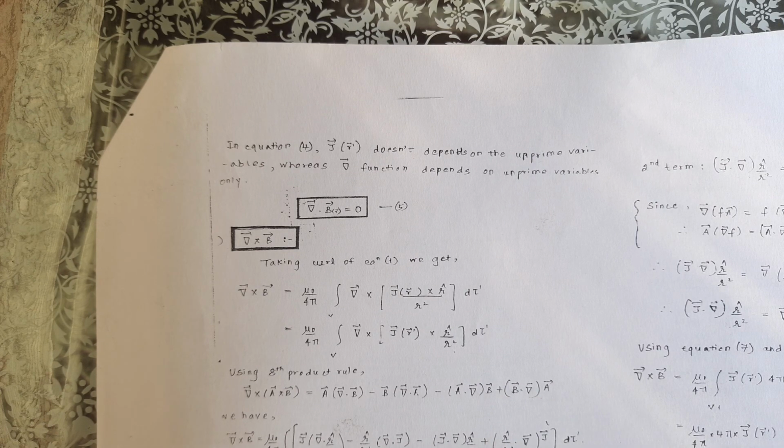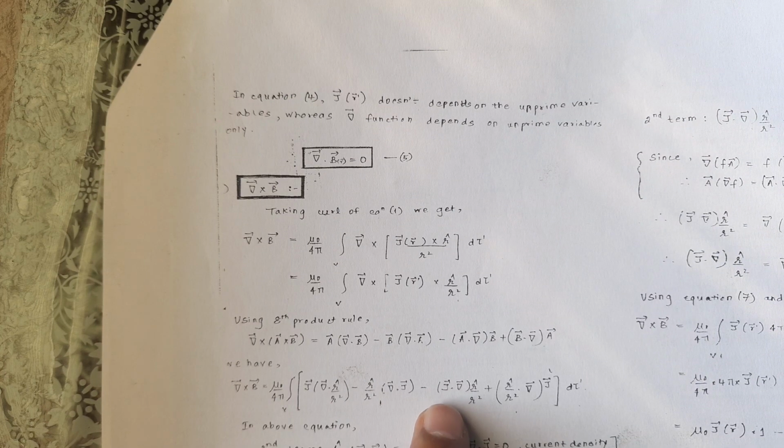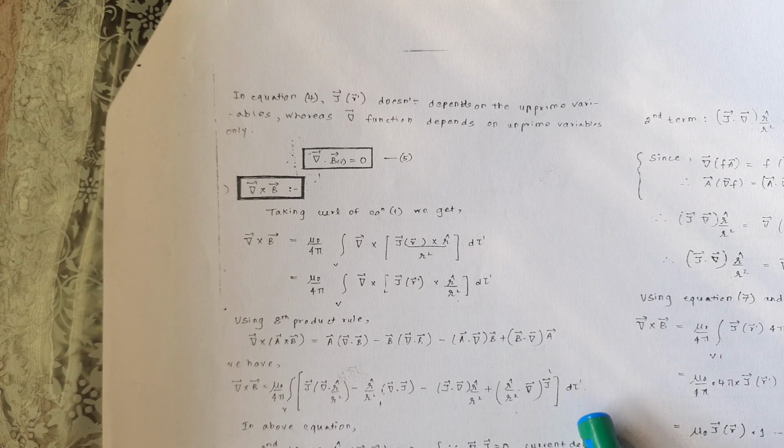We have del bar cross B bar is equal to mu 0 upon 4 pi integral of J into del bar dot r cap upon r square minus r cap upon r square into del dot J minus J bar dot del bar into r cap upon r square plus r cap upon r square dot del bar into J bar, d tau dash.